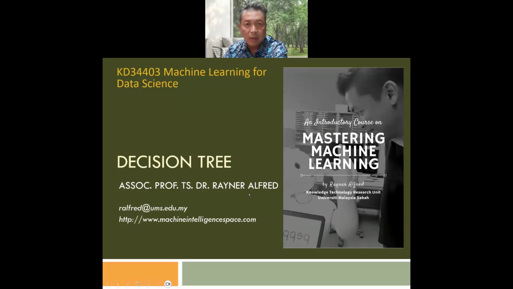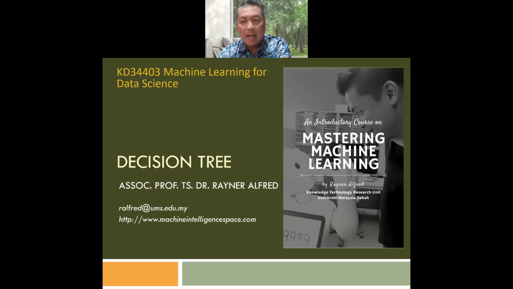Okay, so today we will continue with lecture number 7. I believe you have studied this one in data mining, or maybe this is just a revision for you. This is one of the most common techniques used for classification.